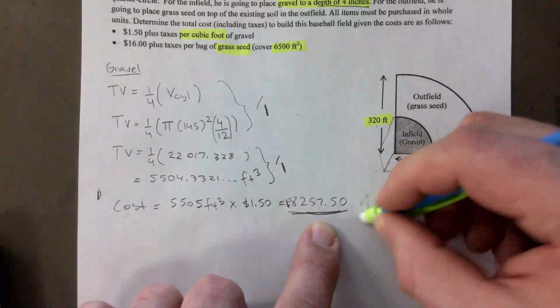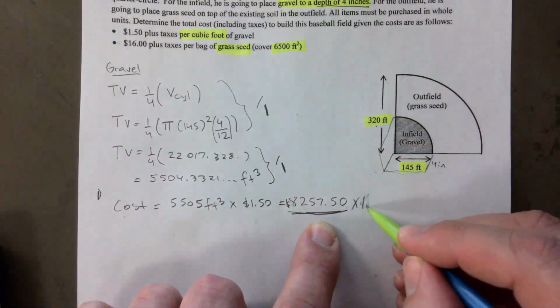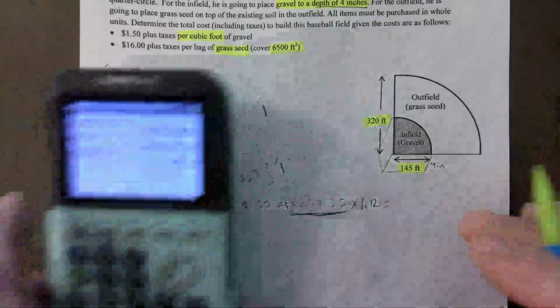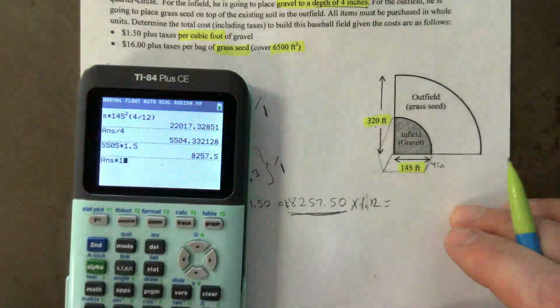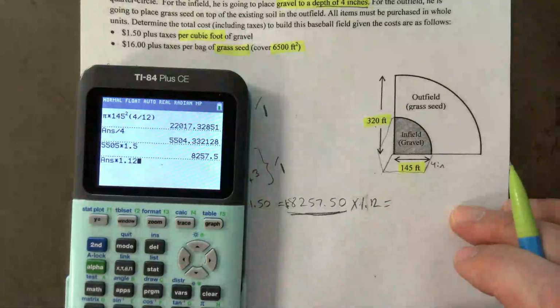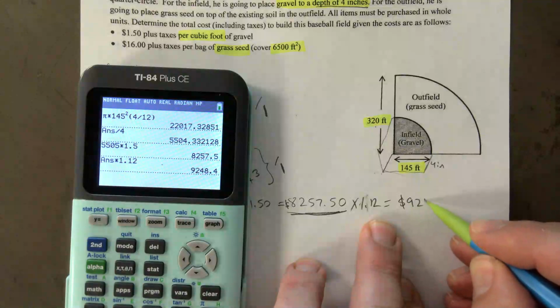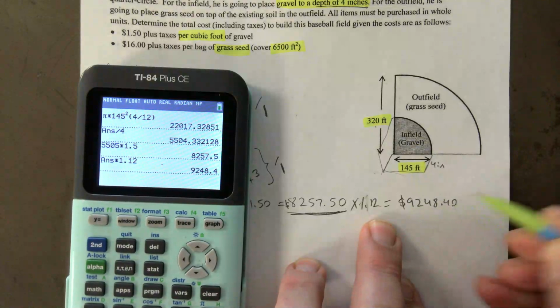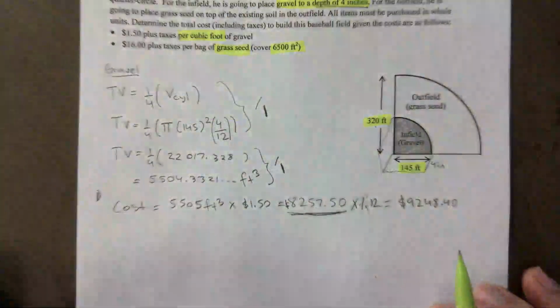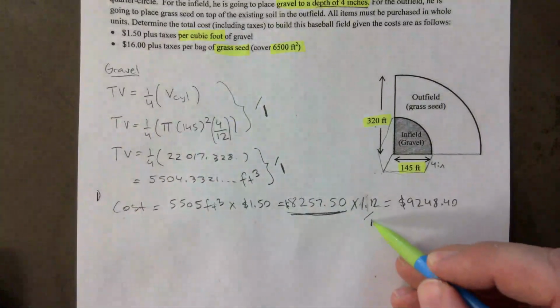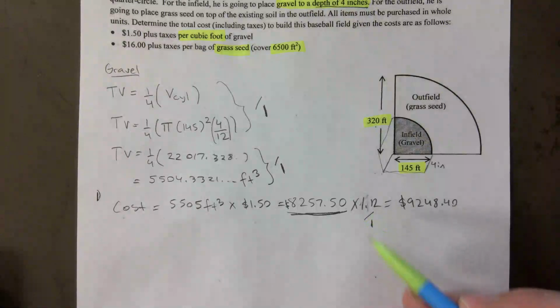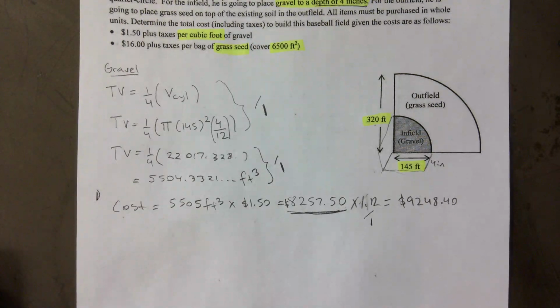Sorry, I said taxing, right? So let's go times 1.12. As long as you taxed at 1.12, you're going to get this mark. So for some of you, I can see you did it this way, others did it the other way, it doesn't matter. You're going to get the tax mark, basically. So as long as you tax here and for the other part, the seeds, you get that tax mark, okay?